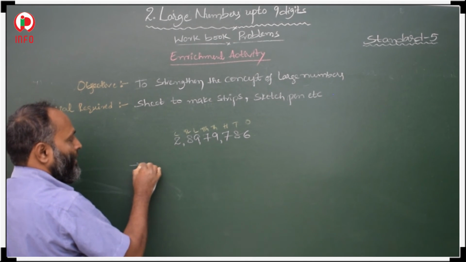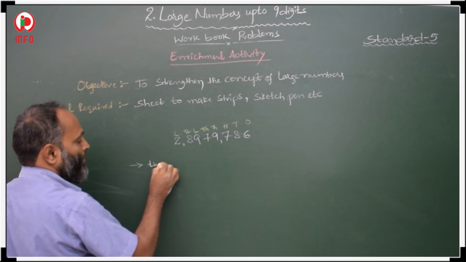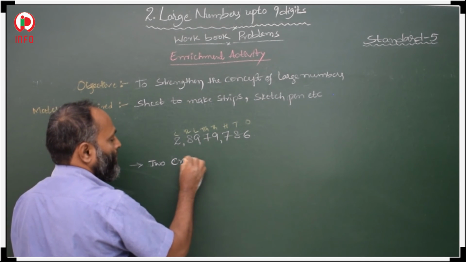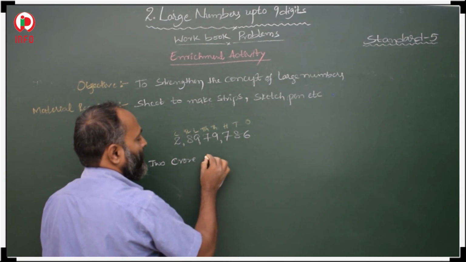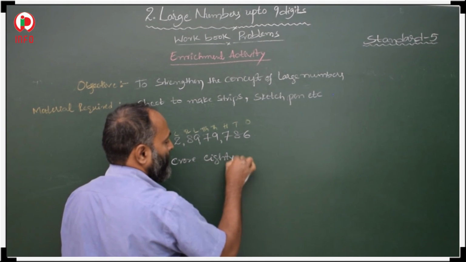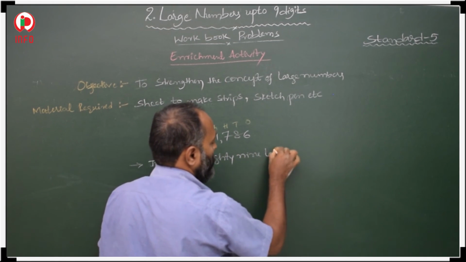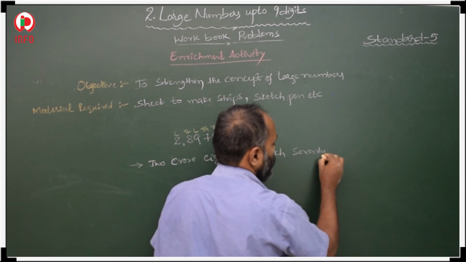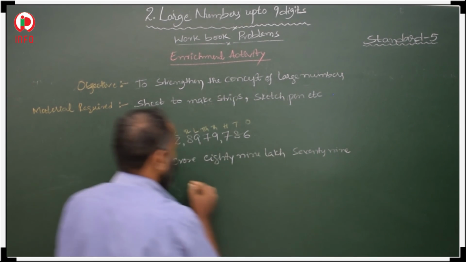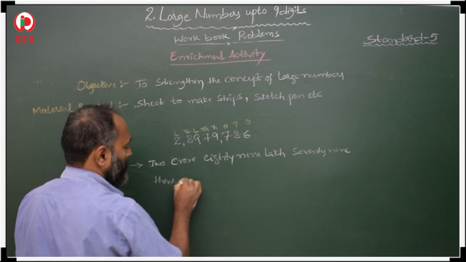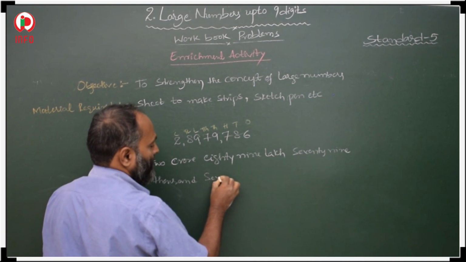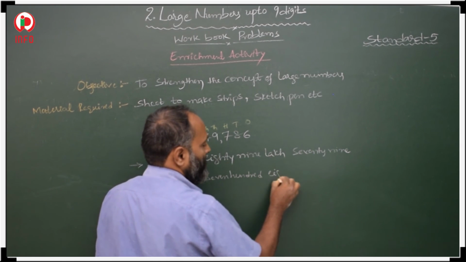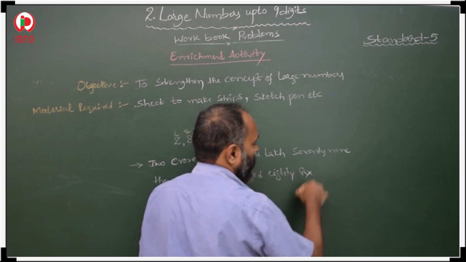This number in words is 2 crore, 89 lakh, 79,786. Like this we have to write.